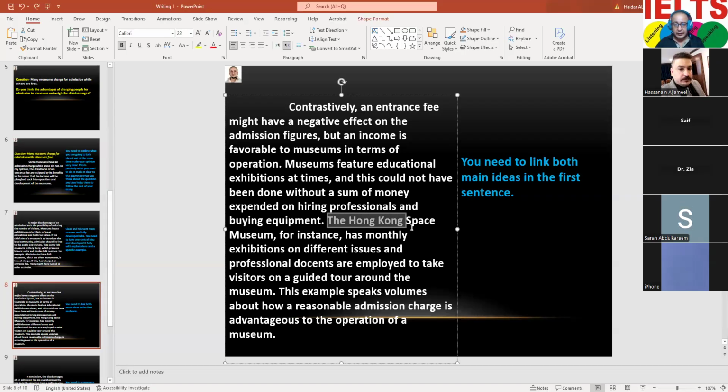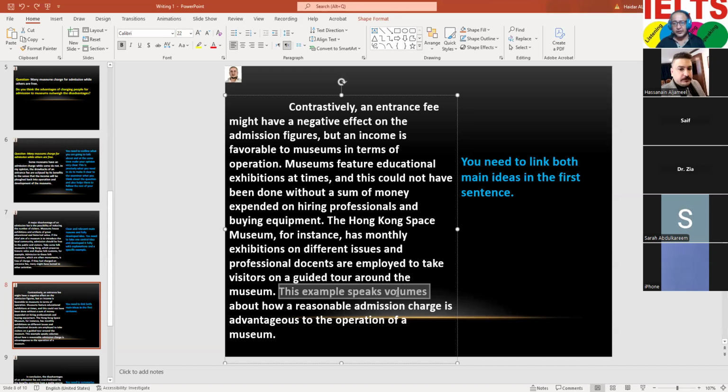The Hong Kong Space Museum, for instance, which means for example, has monthly exhibitions on different issues, and professional docents are employed to take visitors on a guided tour around the museum. This example speaks volumes.